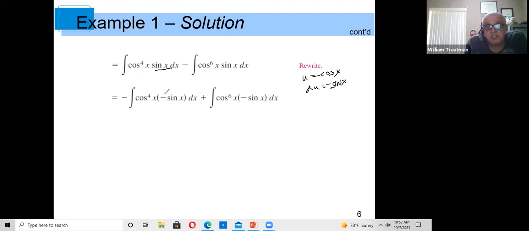But since du has to be negative, we put the negative there, and to even it out, we put the negative here. Same way with over here. This is the du. We put a negative there because u is cosine x and du is negative sine x. And if you put the negative there, you have to put the negative out here, and the negative changes to a positive.